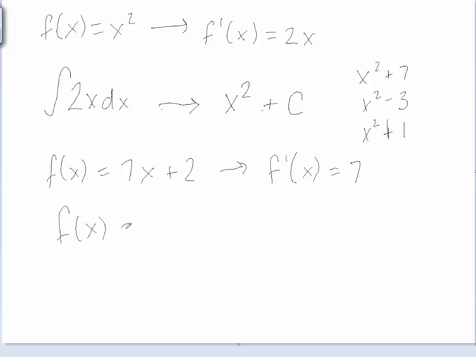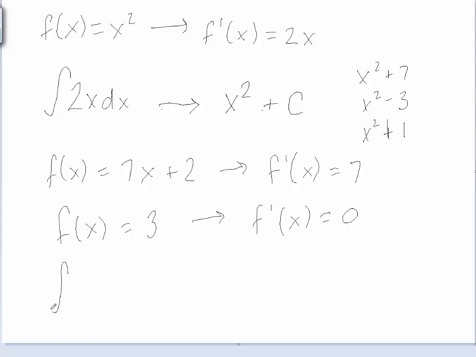When we had a constant term, the derivative is always 0, etc. So now what we're going to do is attempt to find antiderivatives for various functions.